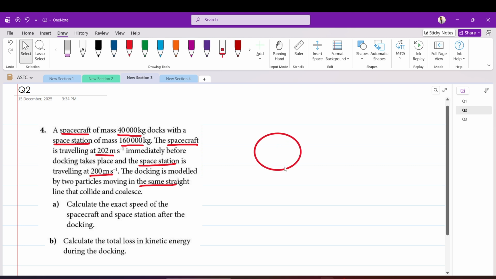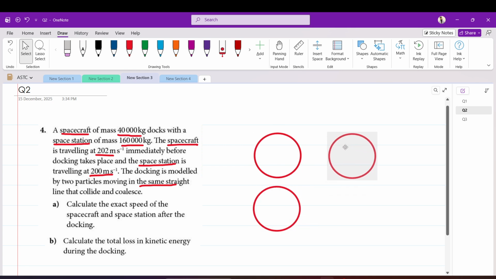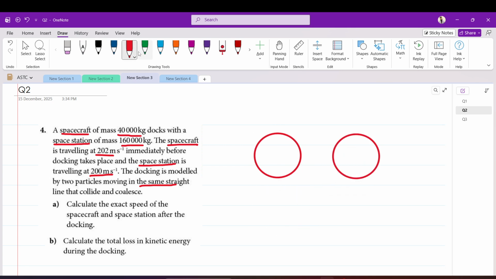So let me copy that. Let's say that this one is our spacecraft and this one is the space station. The mass over here is 40,000 kg and the mass over here is 160,000 kg.